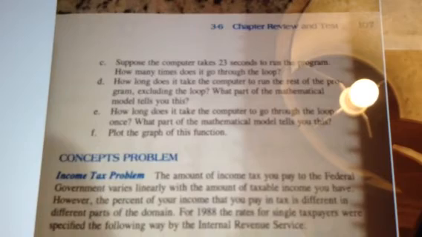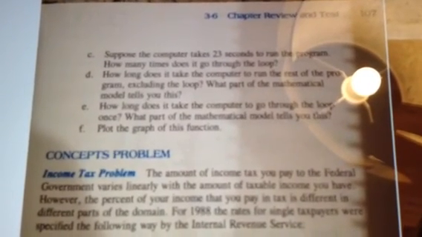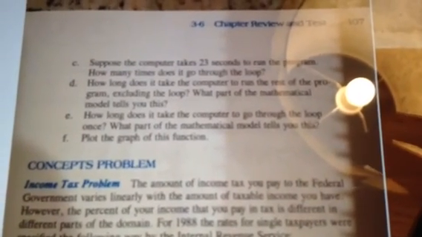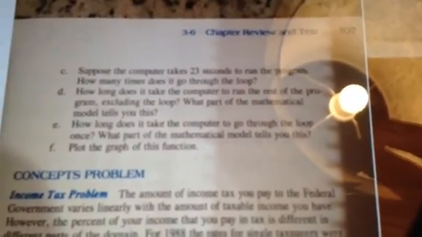Now, I think part E is kind of ambiguous because it's kind of hard to tell if it wants you to just go through one loop or if it includes the entire program. I know you guys can't see that very well. Here we go. But I think it just wants to know the rate of change, so that would be 3/50ths of a second for every loop, and that would be the slope telling you that. From this position, I think you guys are well positioned to go and graph that function.